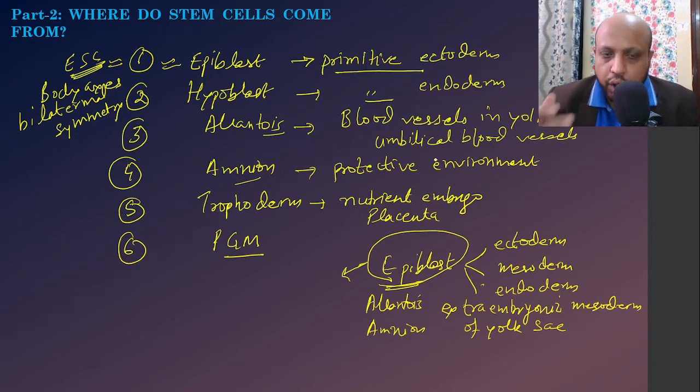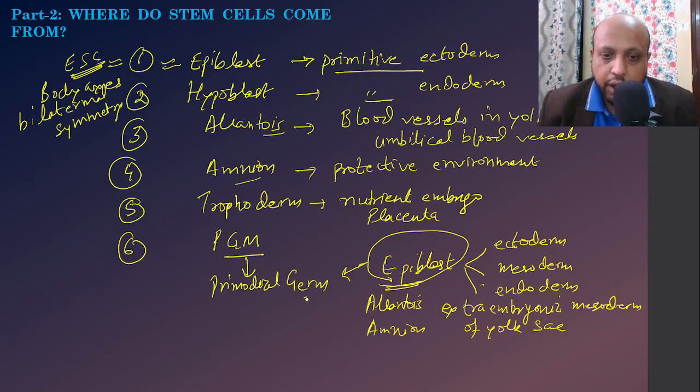So with these terminologies, what is epiblast, hypoblast, allantois, amnion, trophoderm, and primordial germ cells. The primordial germ cells are the cell types from where one gets the gametes.